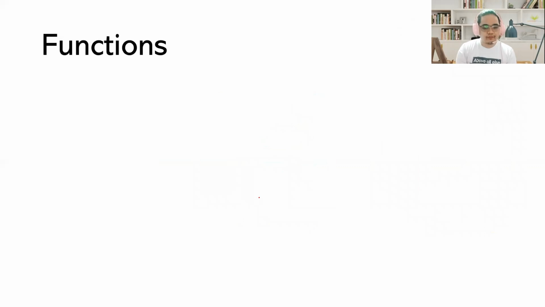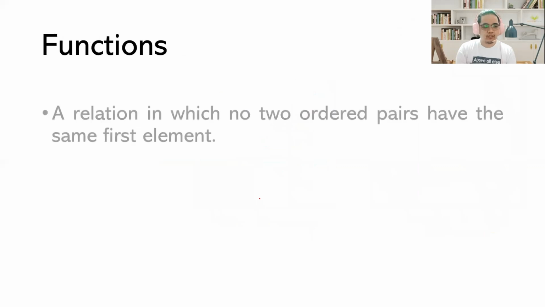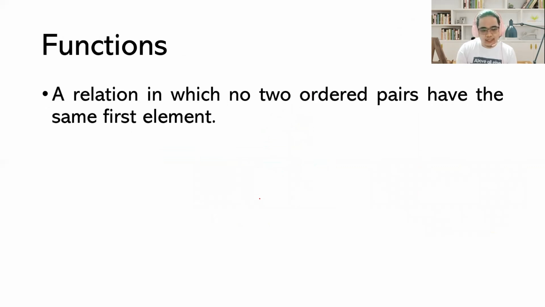So let's dig deeper into the definition of function. So a function is a relation. It is written there, no? A function is a relation, but with restrictions or a certain characteristic in which no two ordered pairs have the same first element. Okay? No two ordered pairs have the same first element.